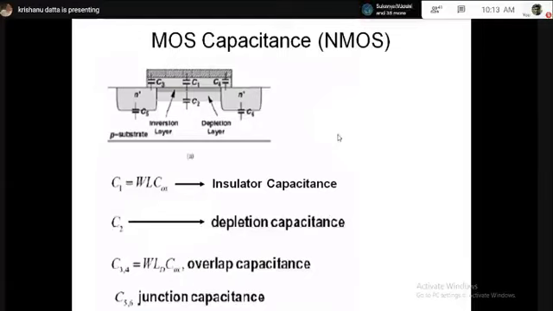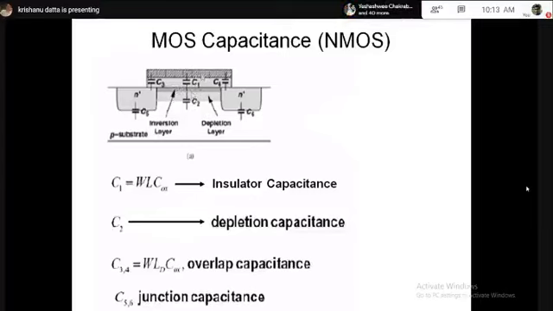So this is the cross section of the MOS transistor we have taken, and you can see here that I am showing a total of 6 capacitance components, and I shall describe what those are individually very soon. So let's start with C1. C1 is the main capacitance which I was just describing in the previous page, where you have the insulator, gate, and the channel.